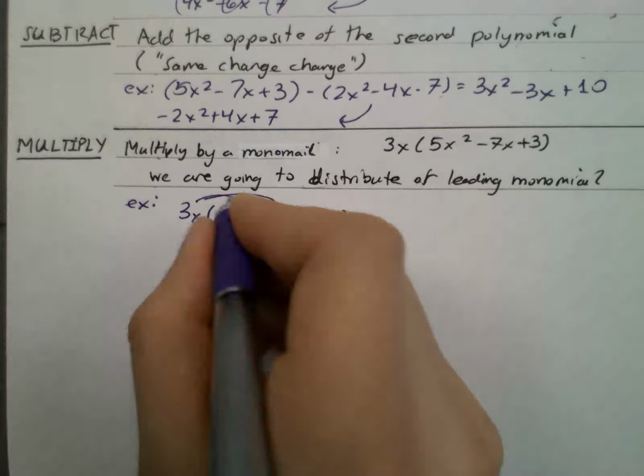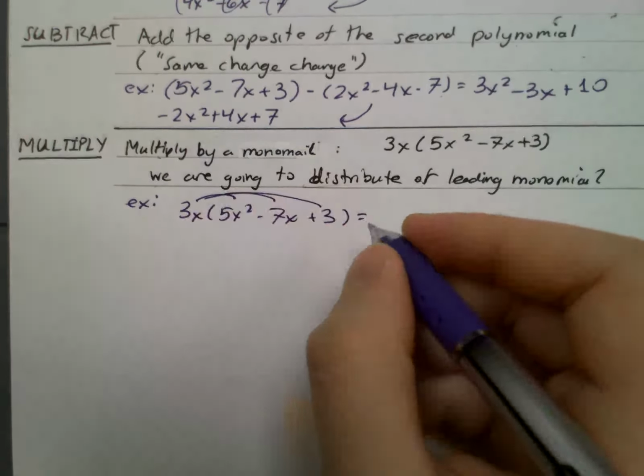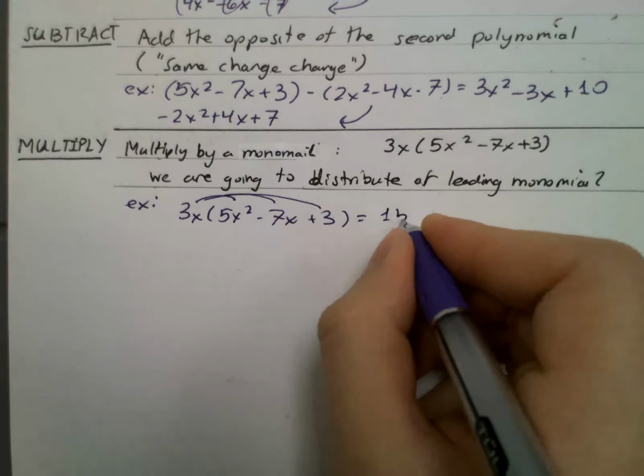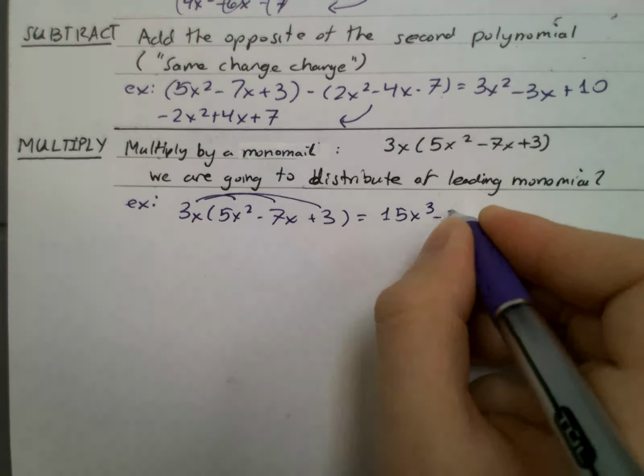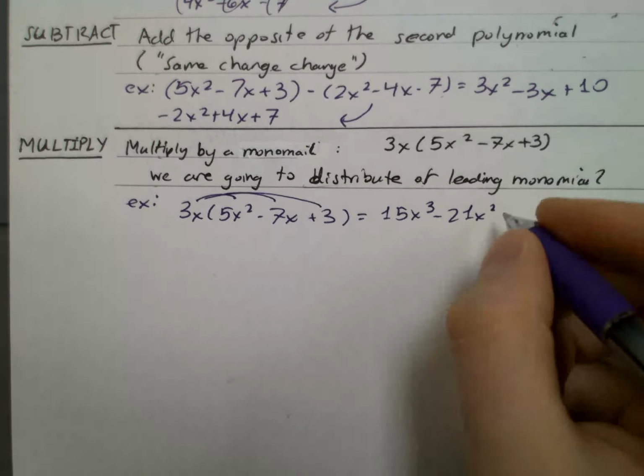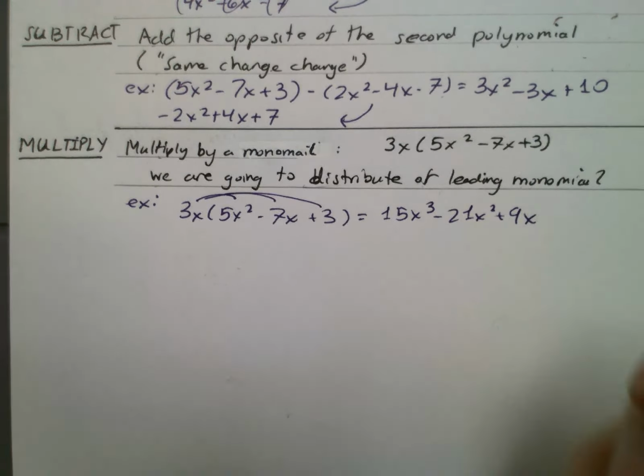And as always, we distribute. So we end up getting 15x cubed minus 21x squared plus 9x, okay? All right, I'm going to stop the video there for part 1, and then part 2 will be talking about the other distribution.